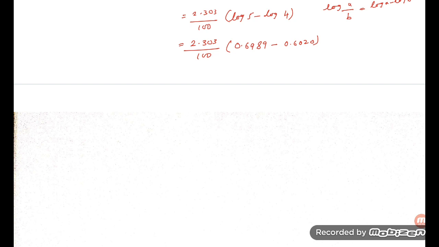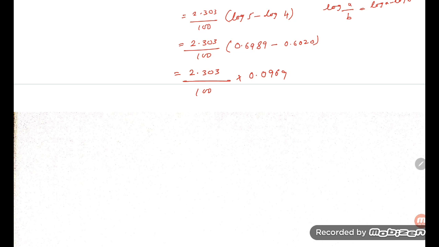So how can you solve this problem, student? 0.6989 minus 0.6020. So dear student, how much is it going to be? 2.303 upon 100, multiplied by 0.0969, right?